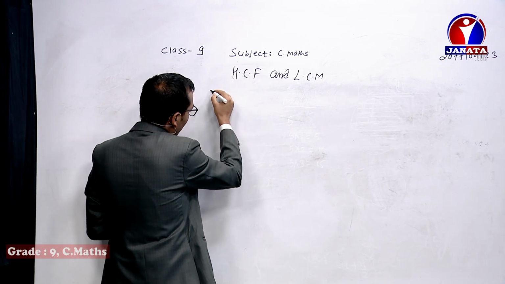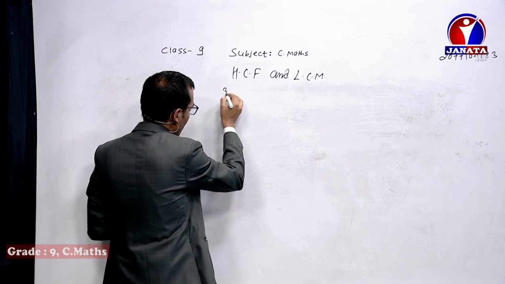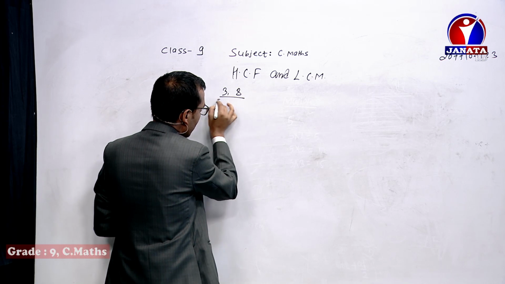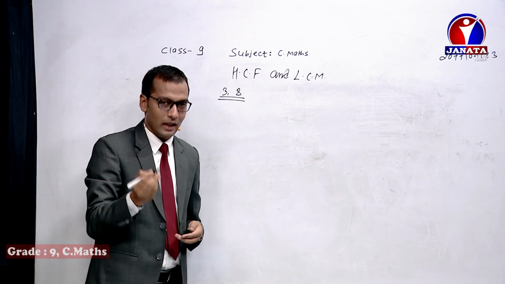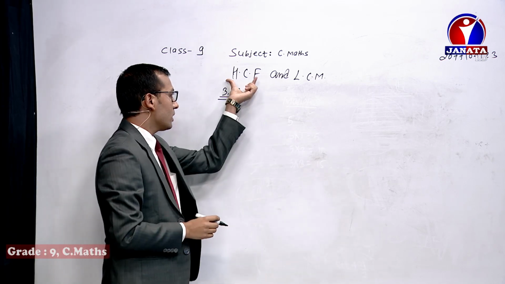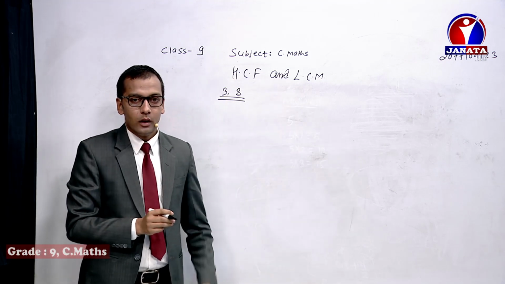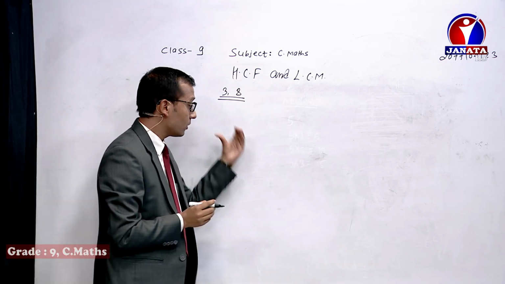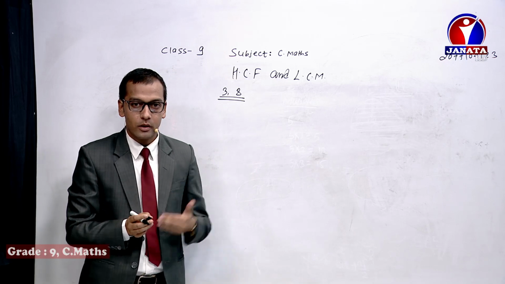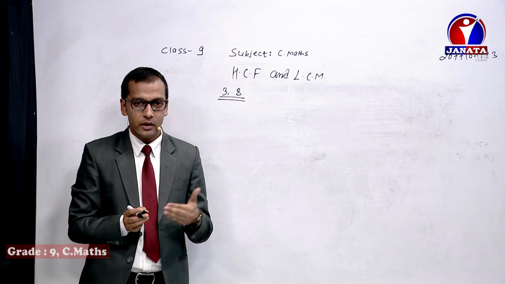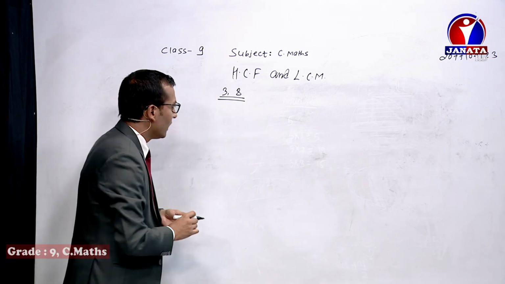Let's take an example. 3 and 8. So I am taking two numbers 3 and 8 and explaining what is HCF and LCM. Along with this, I am also going to talk about the different features or properties of HCF and LCM.